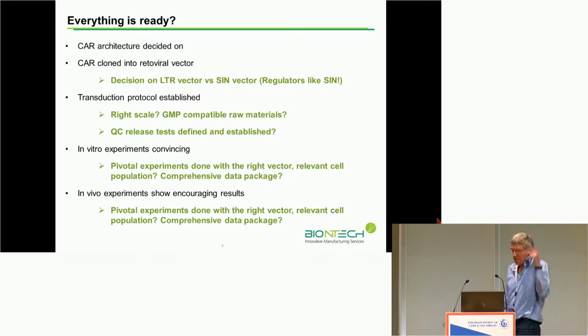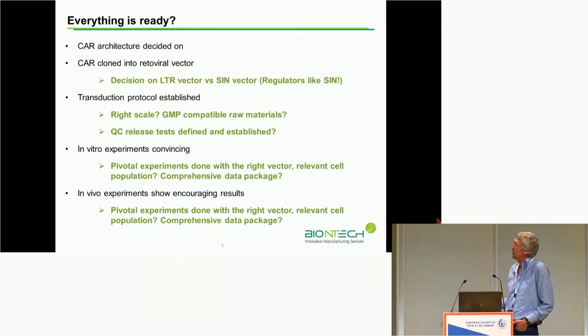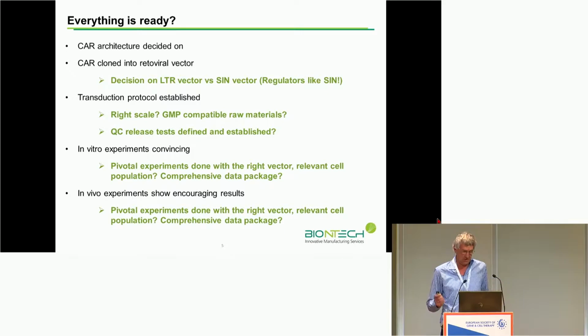But if you look deeper, this might not be the case. Not everything is ready. In terms of vectors, in T-cell gene therapy gamma retroviral vectors are still used a lot, and a lot of preclinical experiments are done with the classical LTR-driven architecture.